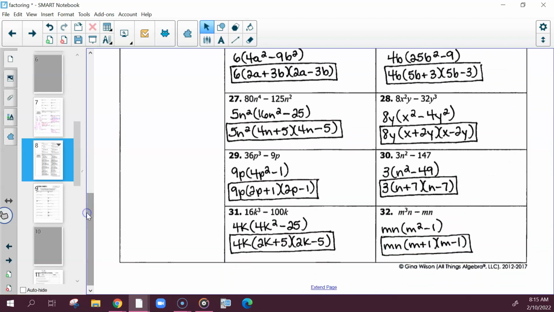We did 8. 8y, x plus 2y, x minus 2y, 29, 9p, 2p plus 1, 2p minus 1, 30, and then n plus 7, n minus 7, 31, 4k, 2k plus 5, and 2k minus 5, and then we did 33. Anyone have any questions on any of those?